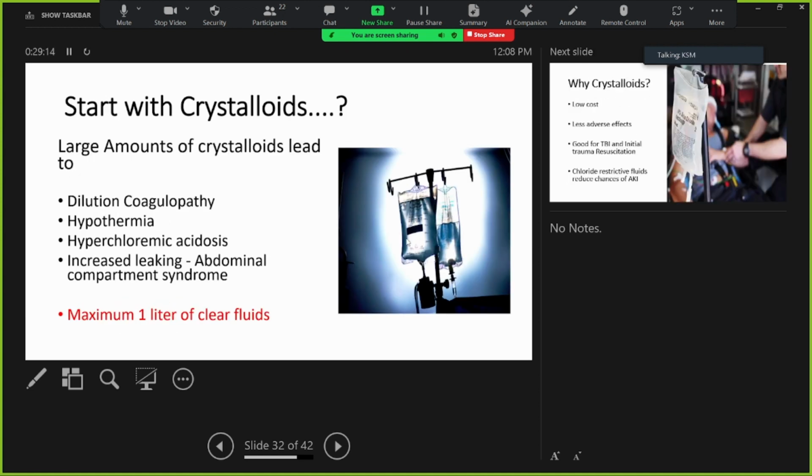So we don't have it. So we are left with starting crystalloids. But when you infuse a lot of crystalloids, you can have problems like dilutional coagulopathy and metabolic acidosis. So we have restricted the maximum amount of crystalloid to 1 liter.